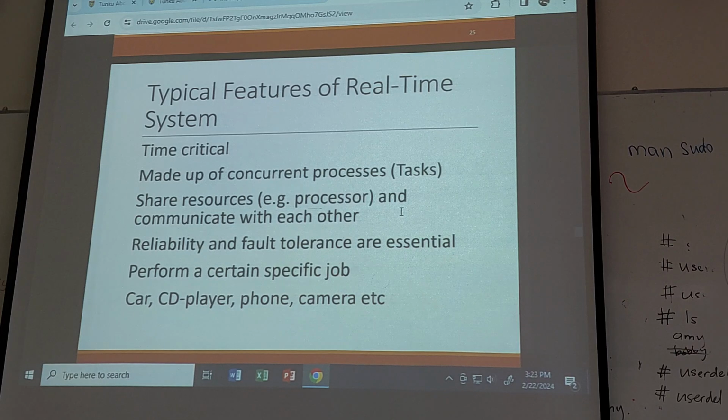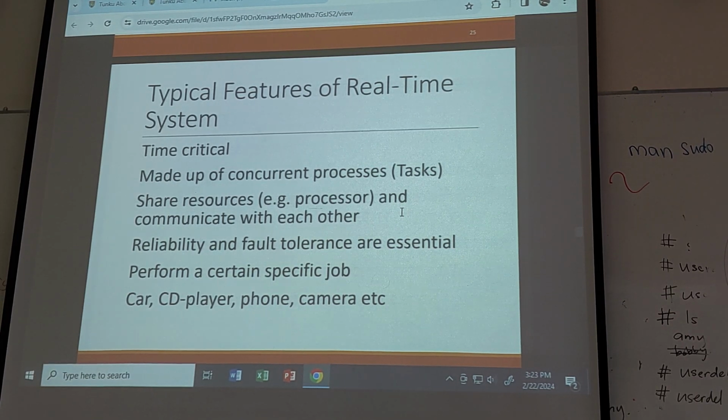So the typical feature of a real-time system is time itself, because time is critical, right? You need to make a decision at that instant of time in order to get the correct result. Like, for example, the airbag needs to be time critical.